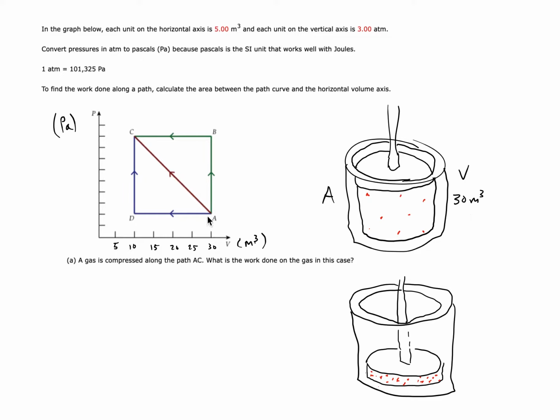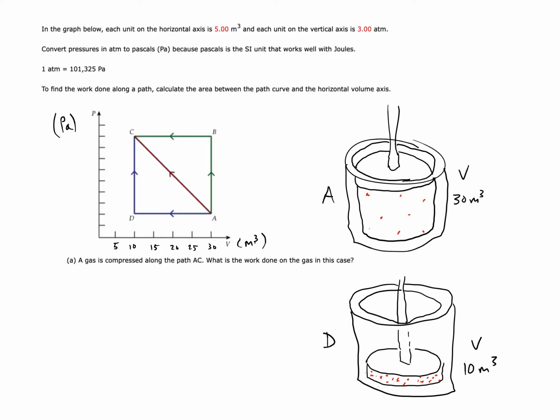If we were to compress this gas, say, to point D, down here's a good picture of point D. Here, the volume would be only 10 meters cubed. So when the piston is raised, that could represent state A, where we've got a large volume in the cylinder.